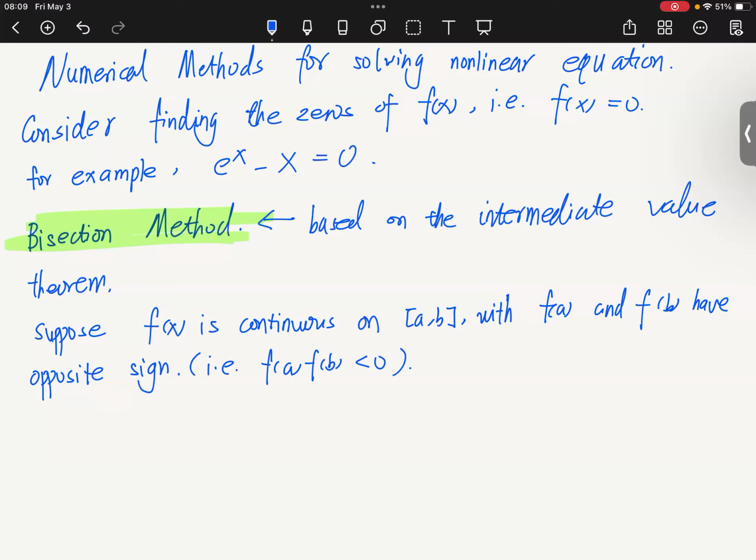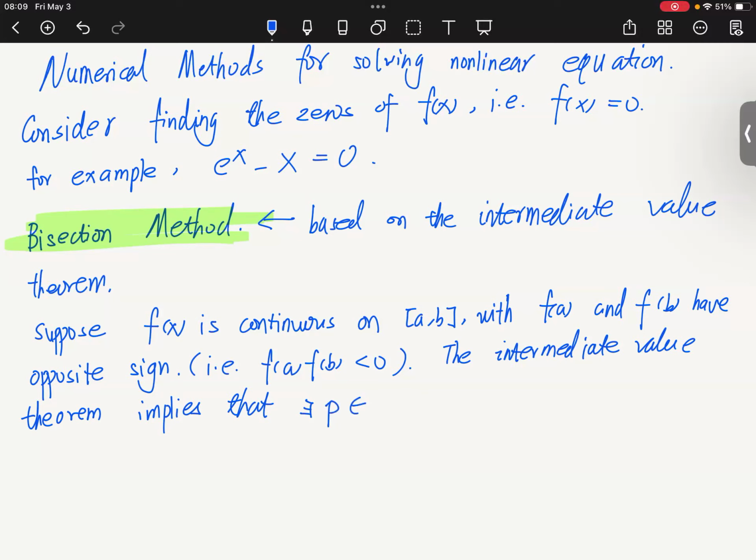Then the intermediate value theorem implies that there exists a point p in the interval [a, b] with f(p) equals 0.